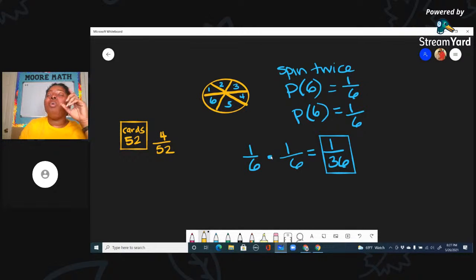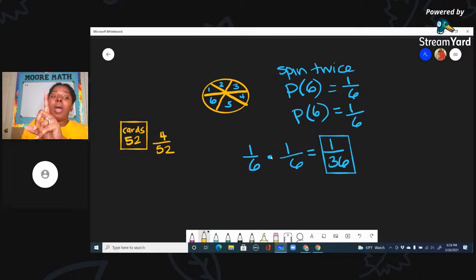Now, what if you don't replace that card? How many cards are now left in the deck? So I have a 4 out of 52 chance of getting an ace when I first pull a card, right? I didn't replace that card. I left it outside the deck and I want to choose a different card. How many cards do I now have left in the deck? 4 out of 51. Yeah.